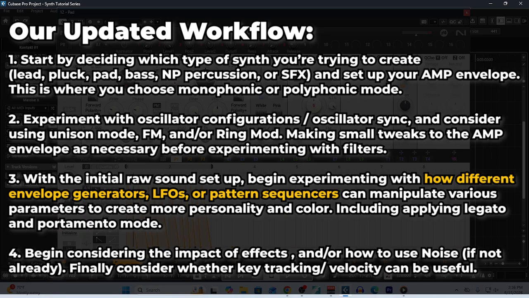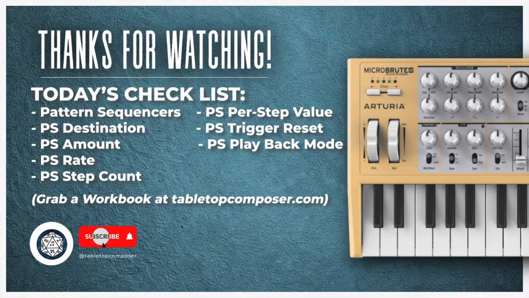Then begin considering the impact of effects like delay, reverb, chorusing, or distortion, as well as how you can apply noise generators if you haven't already, before figuring out how key tracking and velocity can be used to give your sound a more personalized, expressive nature. By using everything we've learned so far in the series, you are able to create a whole host of interesting and unique sounds.